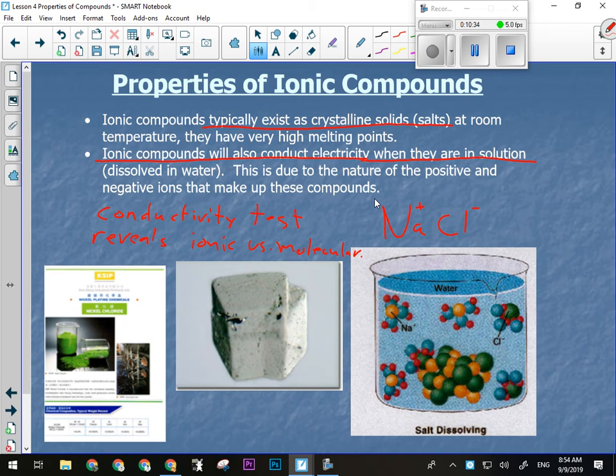So if you have a green crystalline solid that conducts electricity and is highly soluble in water, it's probably an ionic compound containing nickel. So it's something to watch for. Green is indicative of nickel. And there are exceptions, but like 99% of the time.